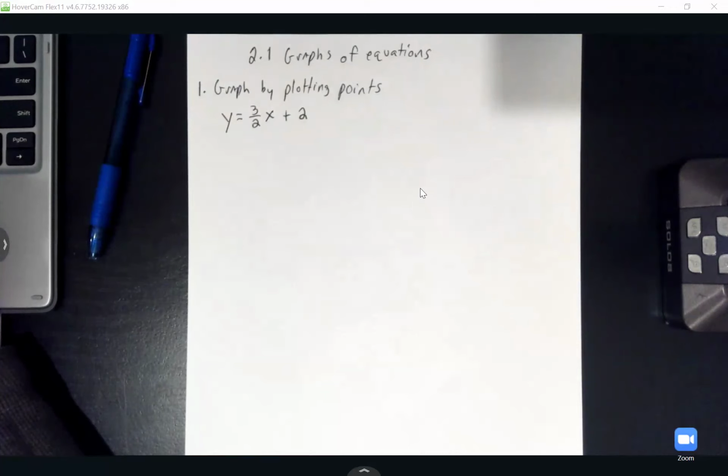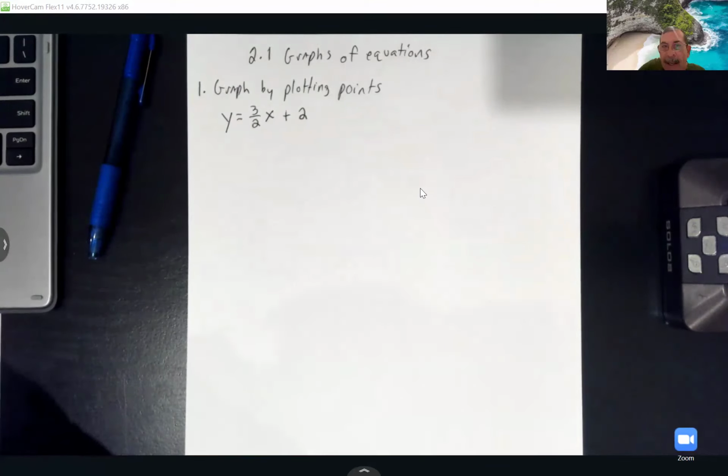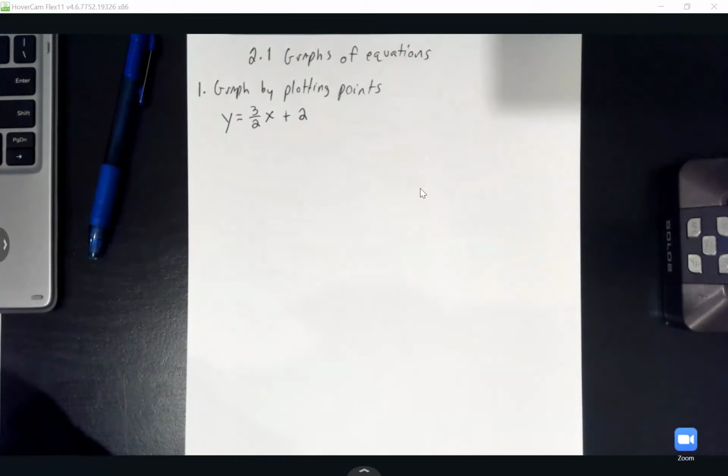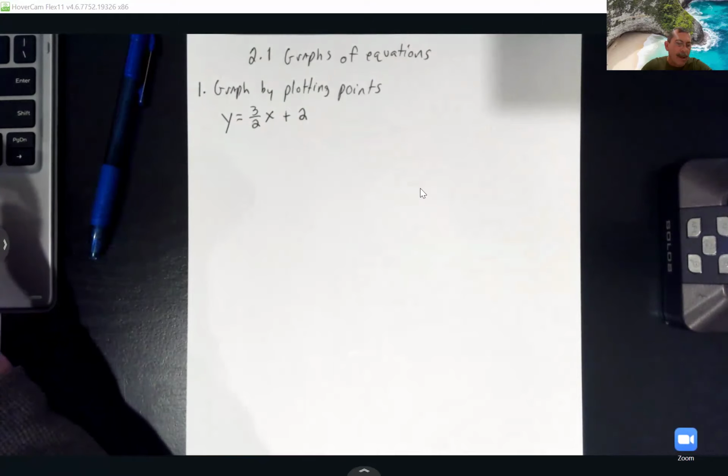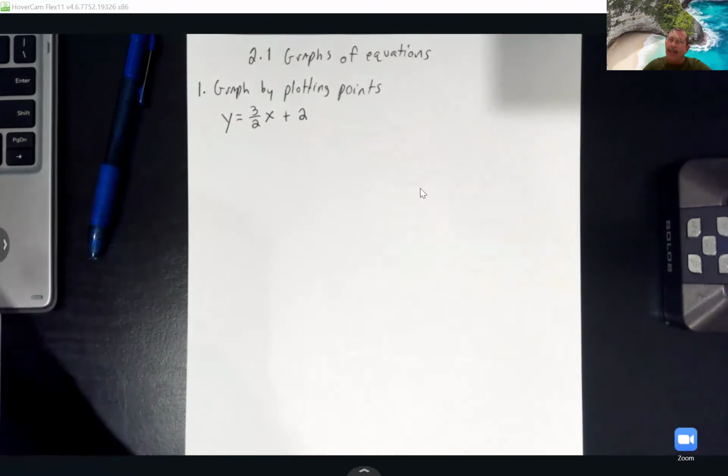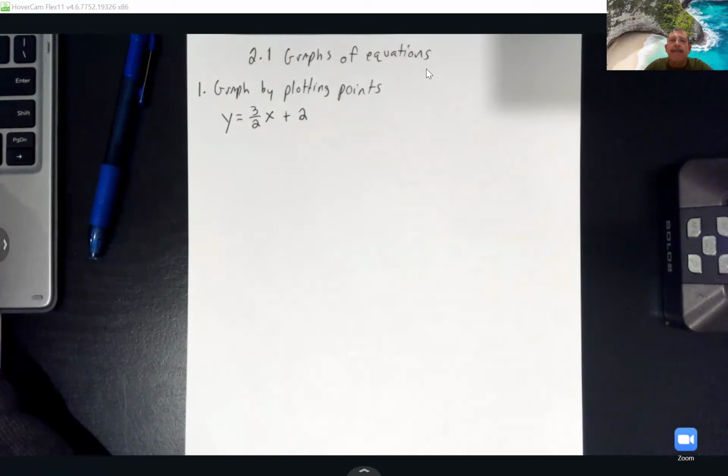So are we looking in the textbook? Are we looking at this in the textbook for 2.1? If you're using the textbook, it would be that 2.1 section. Let me show you where. Have y'all accessed the textbook yet?